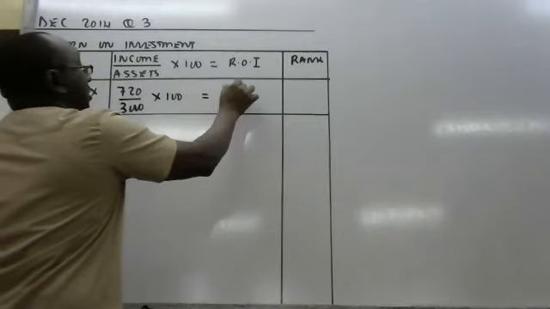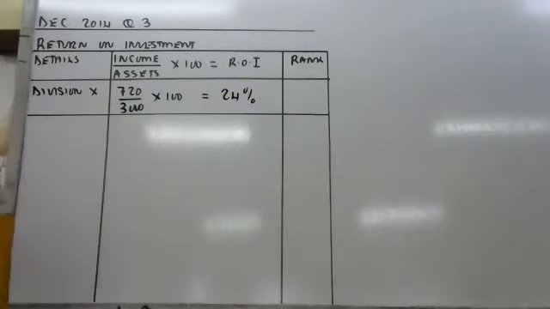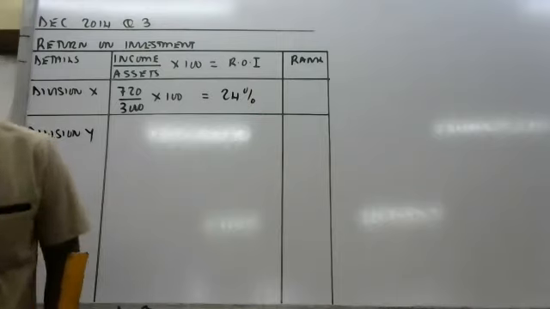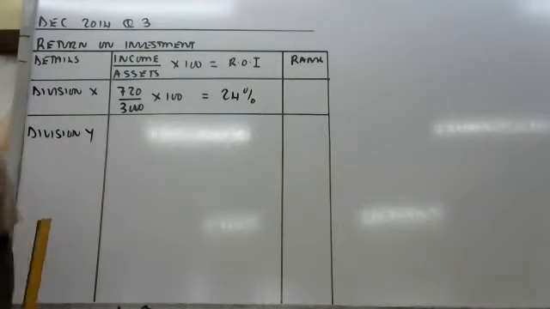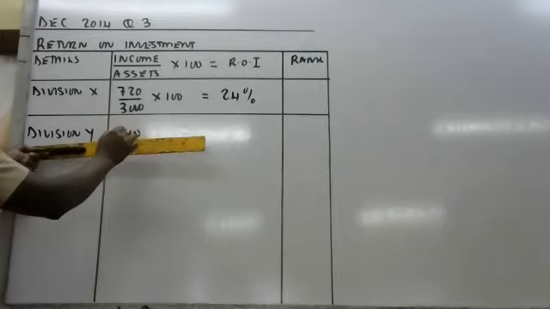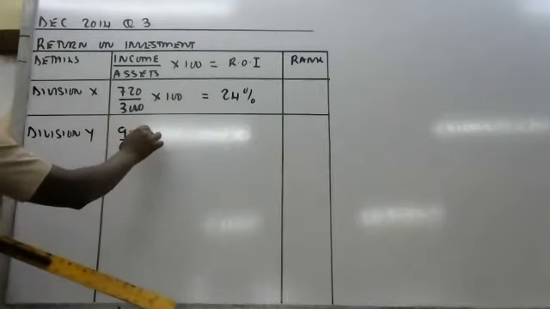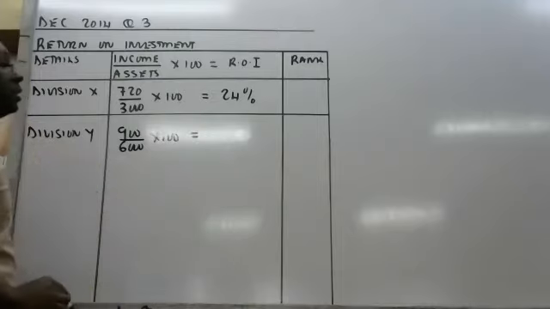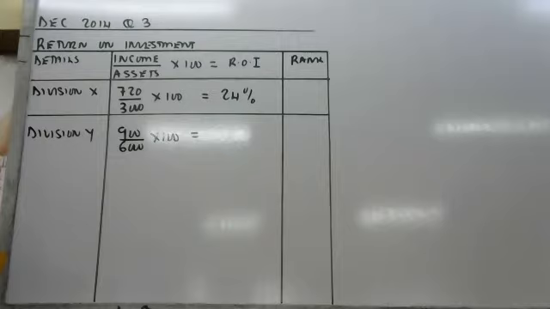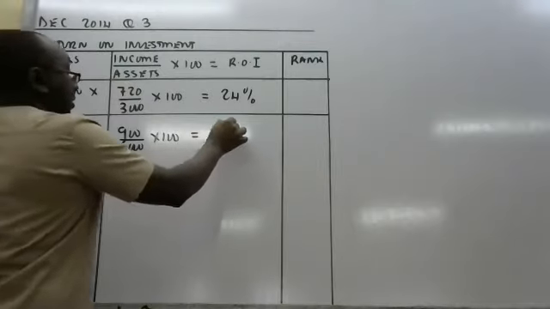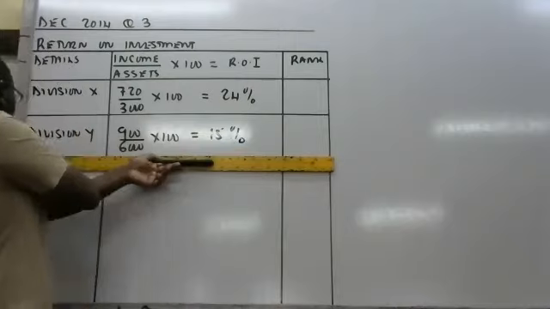Then we go to division Y. We do the same: 900 over 6,000 times 100, which gives 15%.